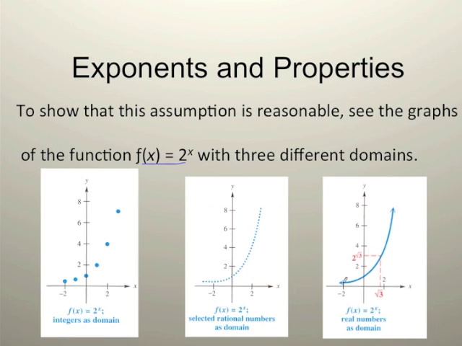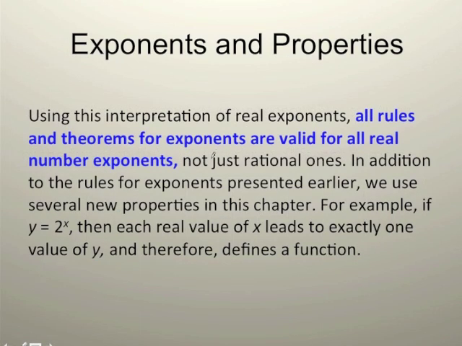And if we do all real numbers as the domain, we can get the solid curve, and here would be 2 to the square root of 3 power. Using this interpretation of real numbers, all the rules and theorems of exponents are valid for all real number exponents, not just rational ones.